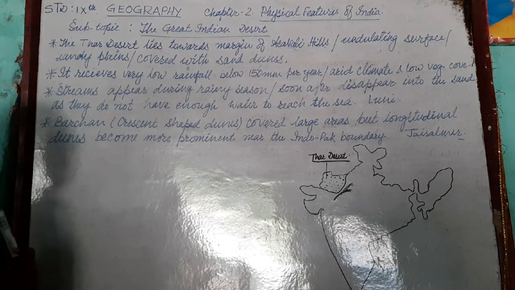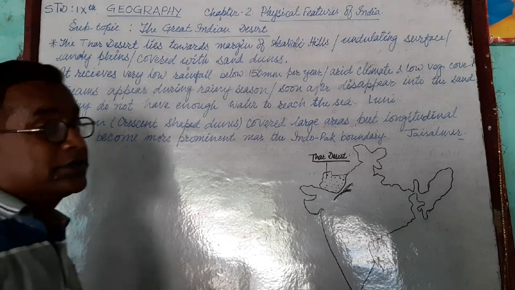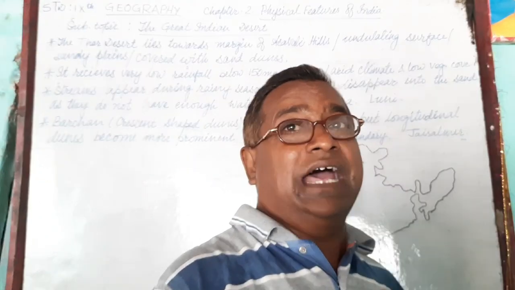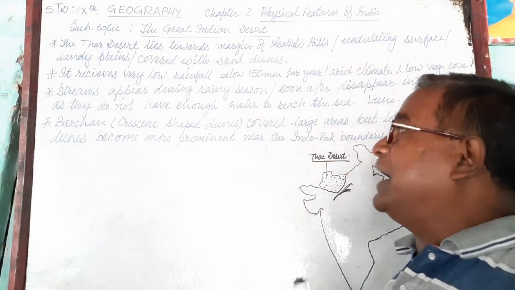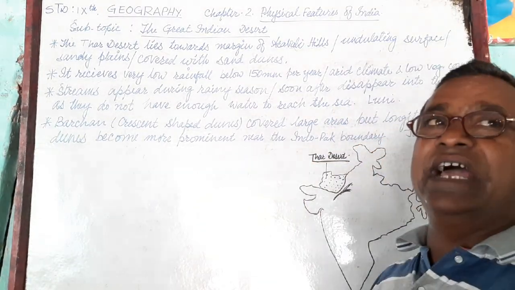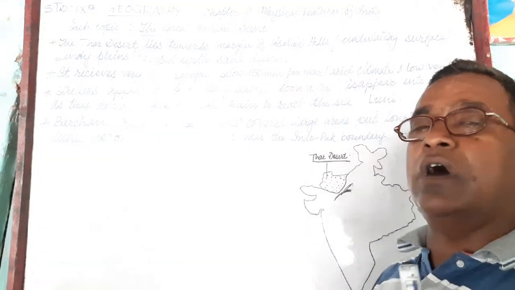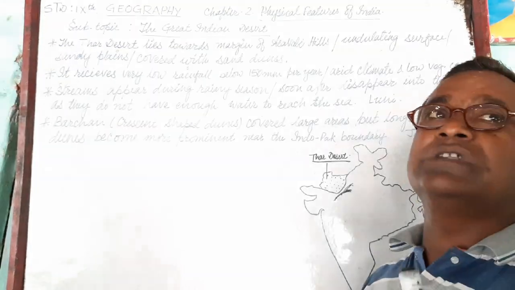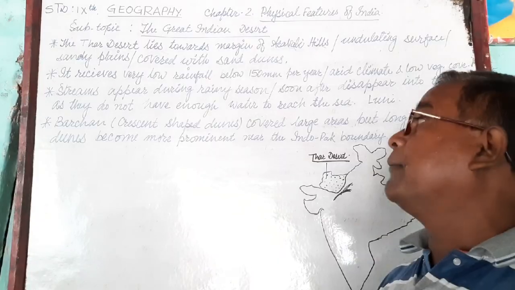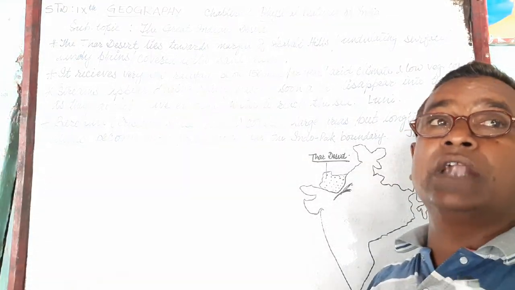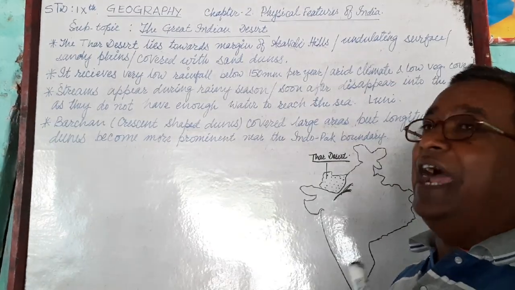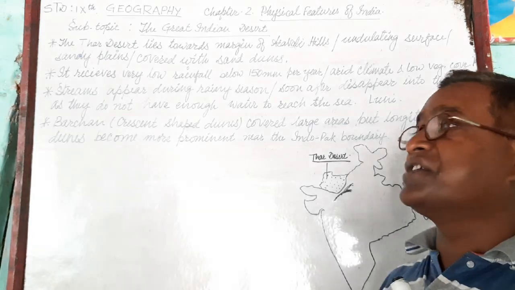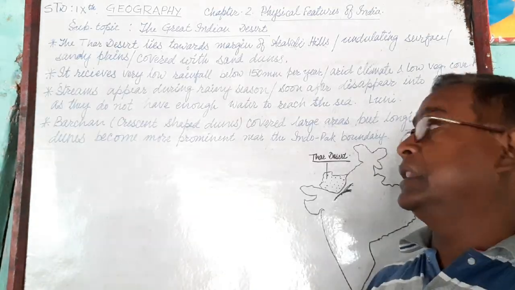Apart from this, if we look at the availability of rivers, we find that very few rivers are found here. Why? Because a lot of sand is deposited there, and water disappears into the sand very commonly.